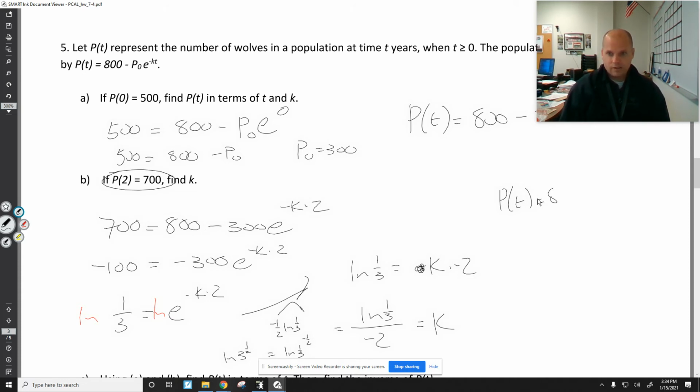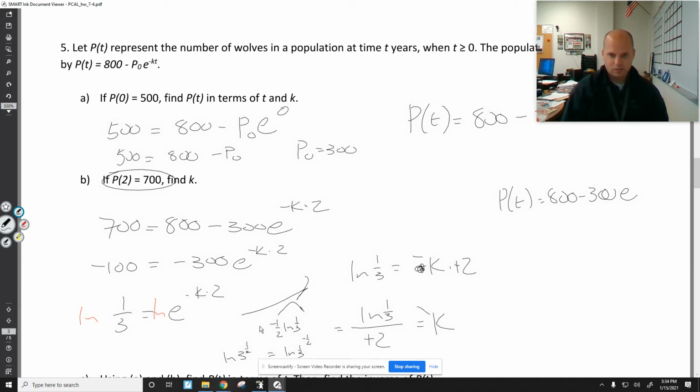So I got 800 minus 300 e to the negative k. I could have just solved for negative k, to be honest, but whatever. I should have solved for negative k, honestly. Make that a positive. Make that a negative. Make that a positive.